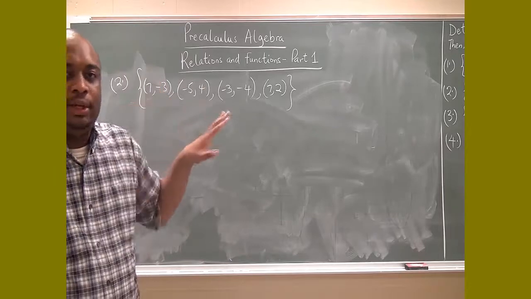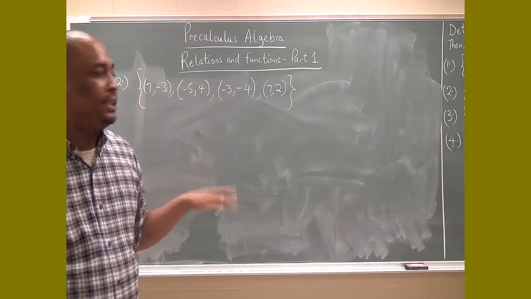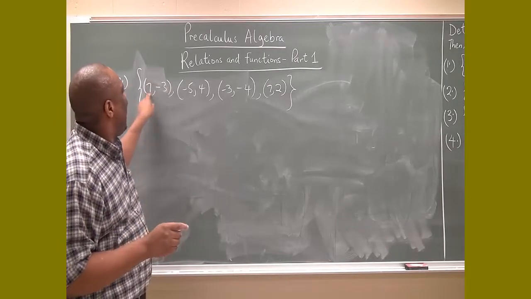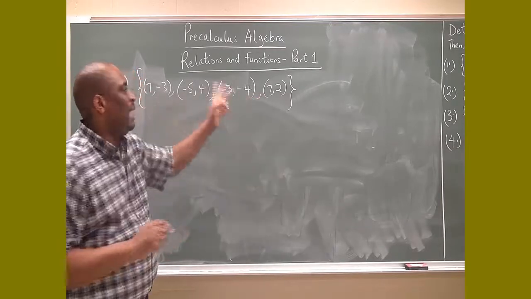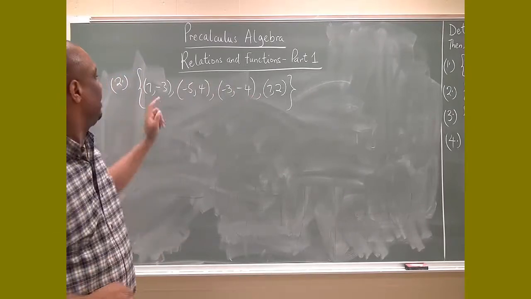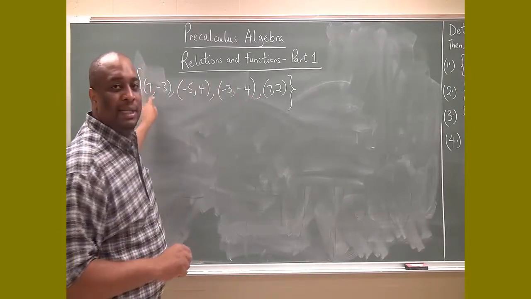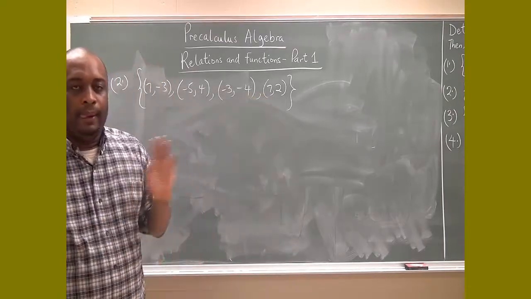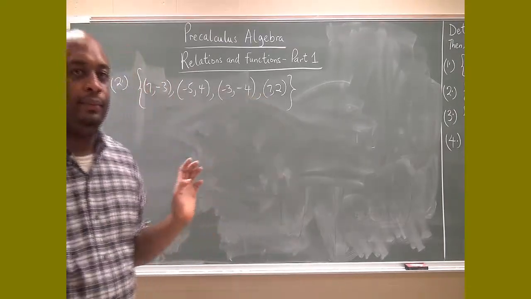Remember, a relation is any set of ordered pairs. But is it a function? No. Why? Because an input has 2 different outputs. You can also say that an input repeats itself. It's not a function. Okay?